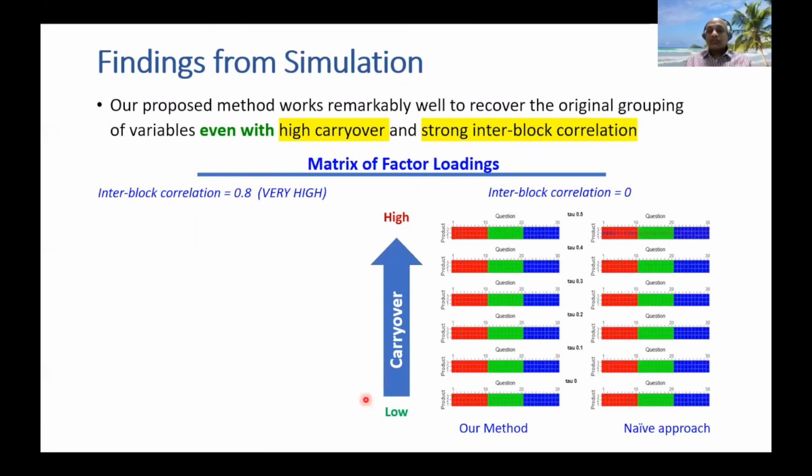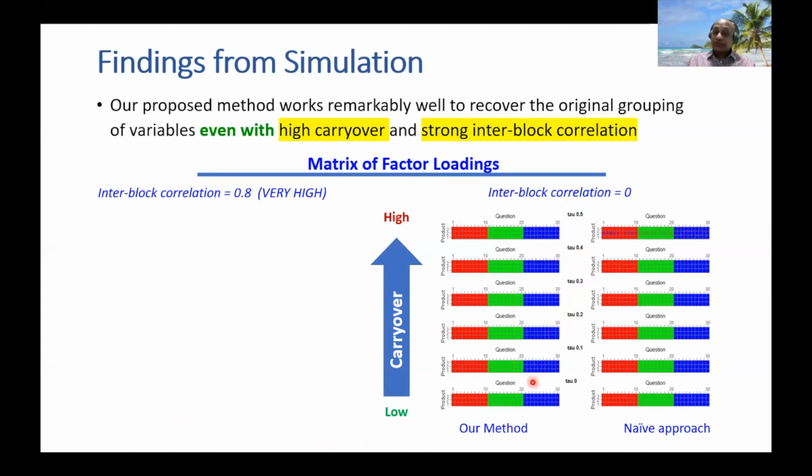For both scenarios, we will use both the naive factor analysis approach and our proposed approach and compare the results. So first, the interblock correlation equal to 0 case. In this case, as we move from the bottom to the top, the carryover parameter tau increases, representing an increasingly high carryover effect in the simulated data set.